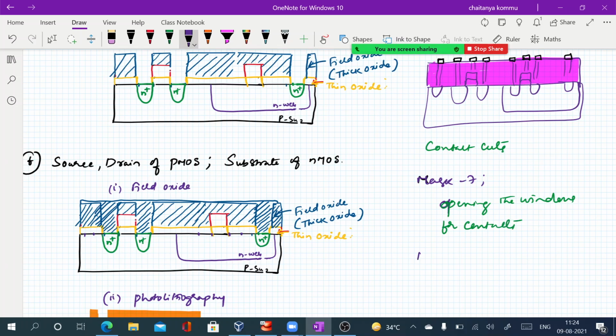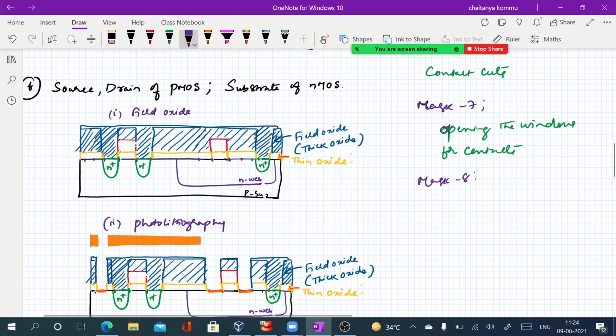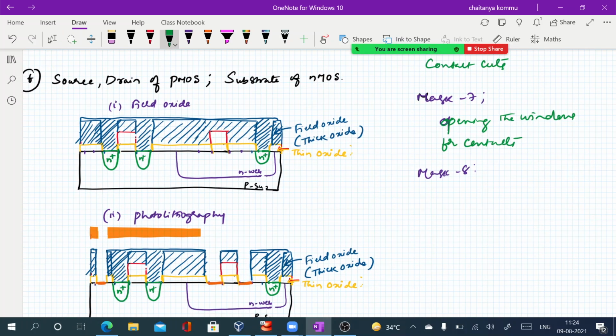The last and final one is mask number 8, which covers the glass plate on the other portions of the contacts.